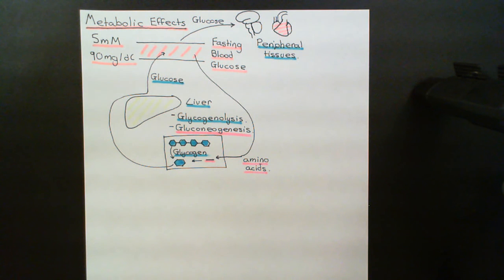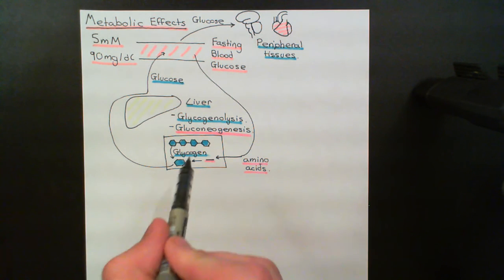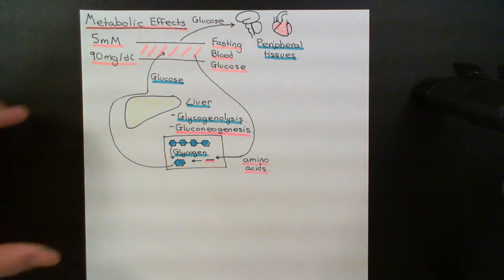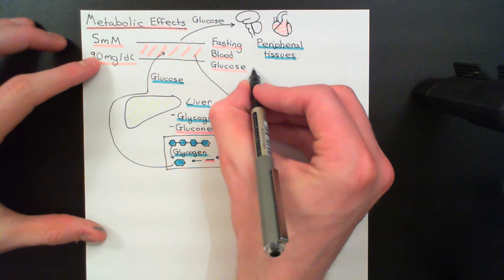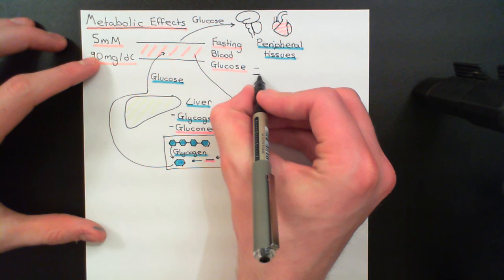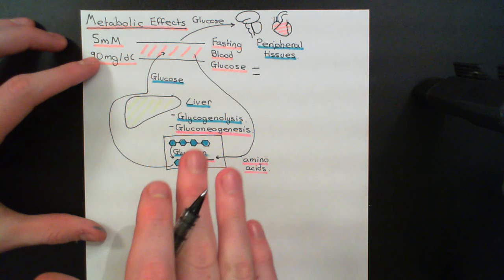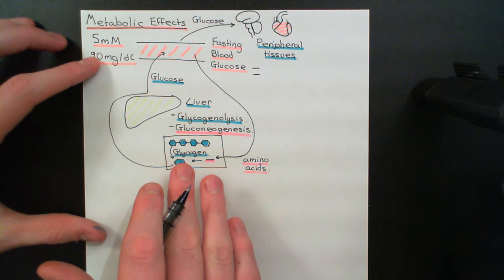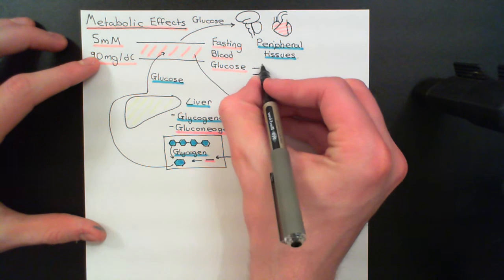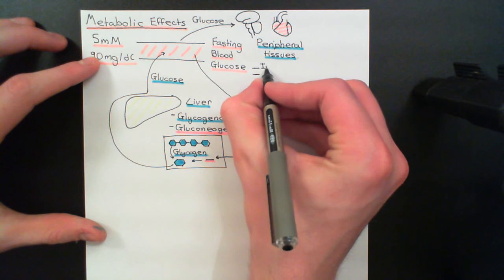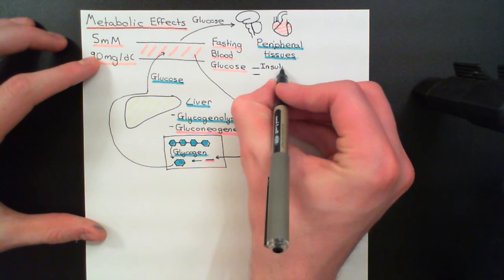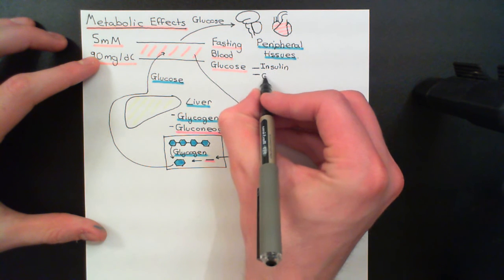Instead, there are two very important hormones which tell hepatocytes that this is what they should be doing. So in the fasting state, the two major hormones, insulin and glucagon, are in certain proportions, and it is this that communicates to the hepatocytes what they're supposed to be doing. The major hormones that control blood glucose concentration are insulin and glucagon.